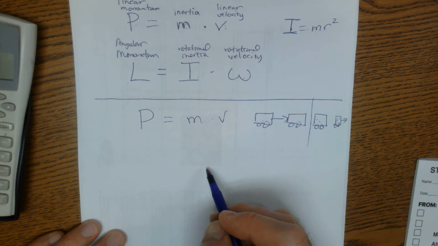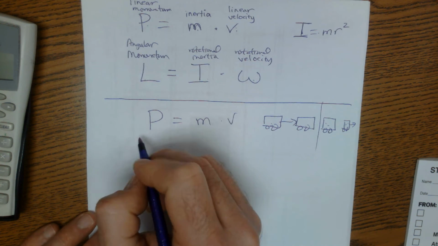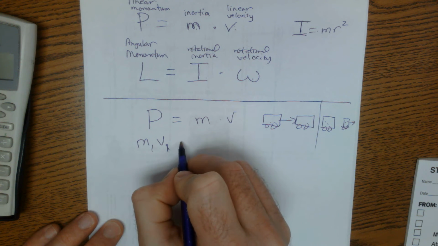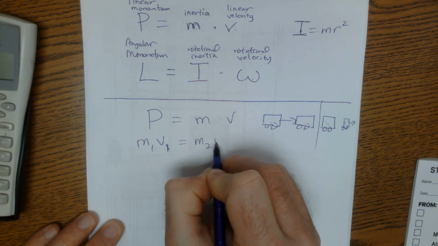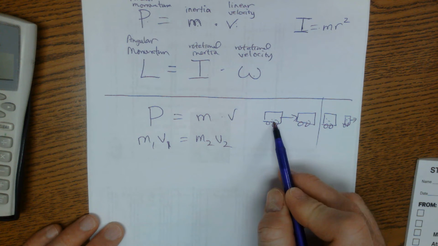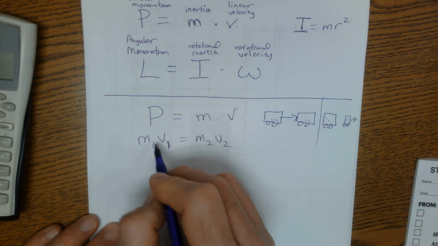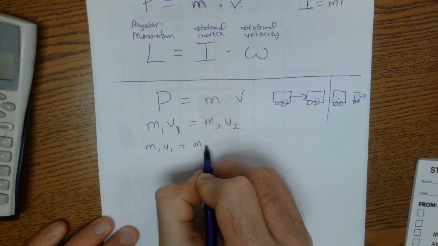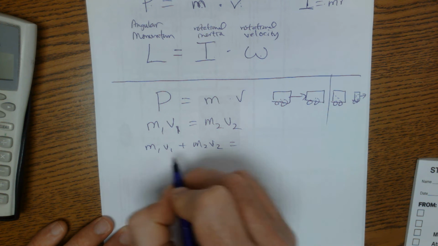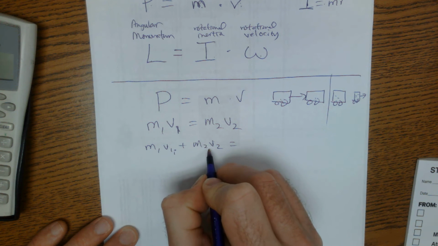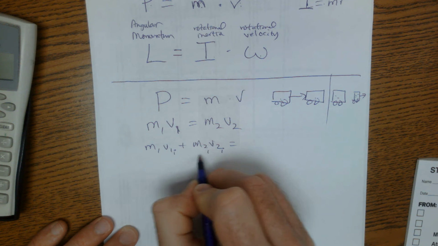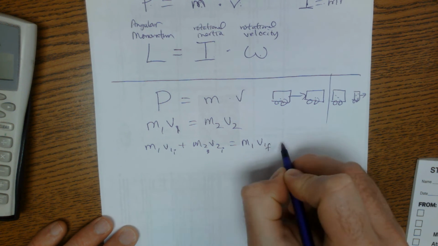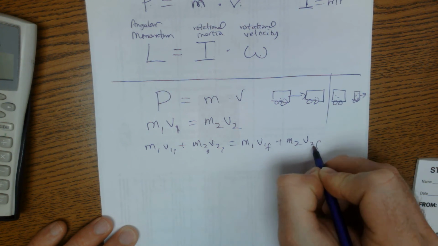We have the same thing with rotational inertia. So linear, it was something like m1 v1 equals m2 v2, right? This cart's momentum had to equal that cart's momentum. A little more complicated version would be m1 v1 plus m2 v2 initially equals m1 v1 final plus m2 v2 final.